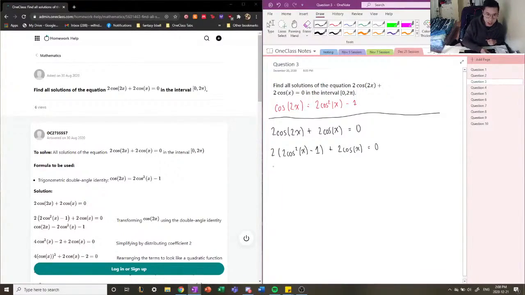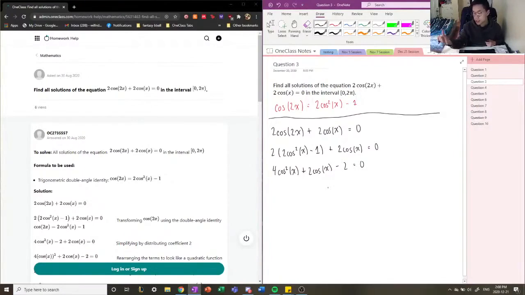If we were to expand this now, we would get 4 cosine squared x plus 2 cos x minus 2 equals 0.